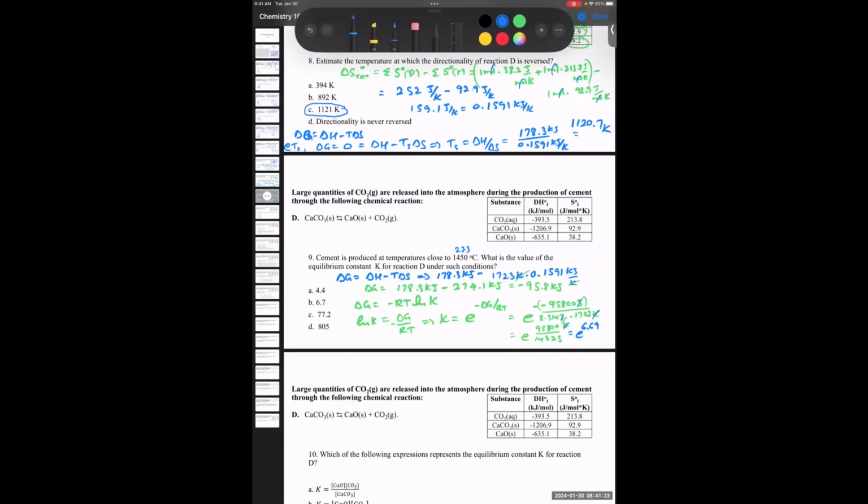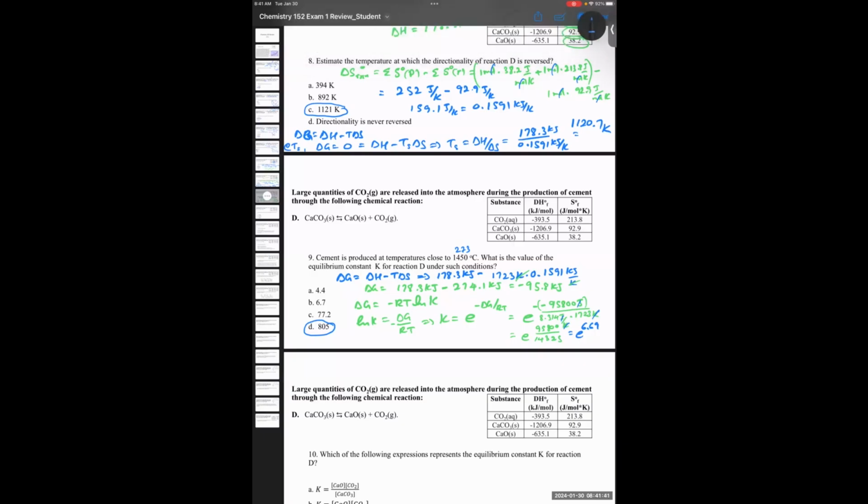And then I took the exponent of 6.69, which gave me something close to 805, 802 on my calculator on my phone, but anyway, I think it is close enough. That's the closest one we have. All right, so let's see. No, keep going. Okay, let's move on.